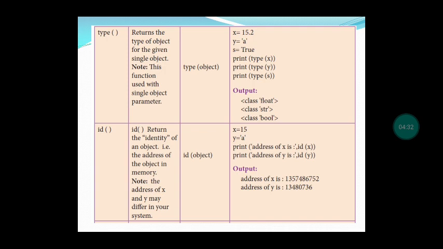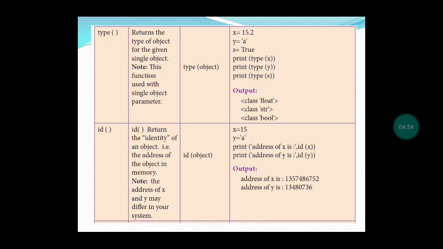The syntax for the type function is type(object), and the example is x equal to 15.2, y equal to 'a' and s equal to True. We are going to find what type x, y and s are.